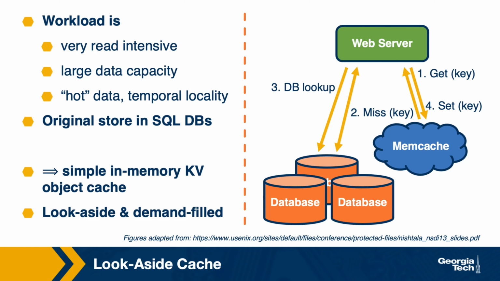This makes sense because in the persistent MySQL database, the data is organized very differently, so it requires a different lookup operation. Now, once the data is retrieved from the database, the client explicitly issues a set operation and then adds this value to the Memcache. This way, this cache is still filled on demand when data is accessed, and this is similar to what you see in other caching systems.